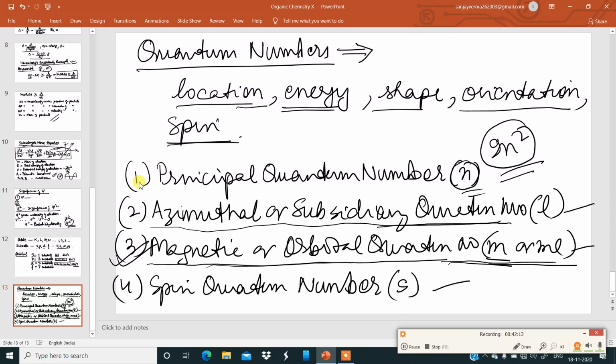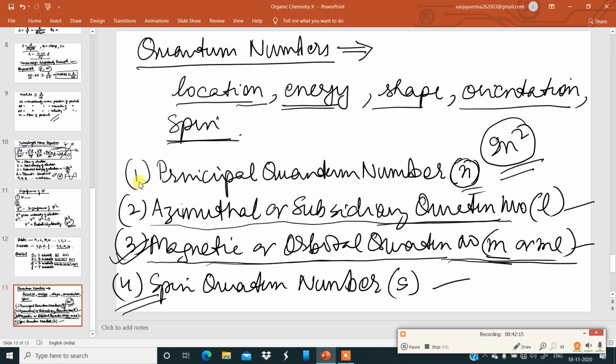And finally, the spin quantum number tells us the direction of spin of the electron, whether the spin is clockwise or anti-clockwise for the electrons in an orbital. Clockwise, anti-clockwise, half arrow. So that is the spin of the electron.